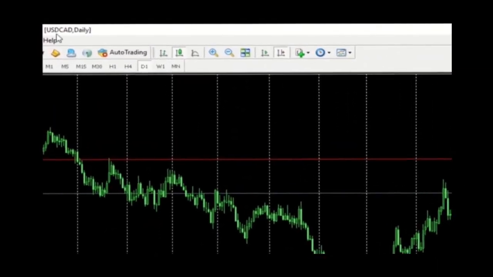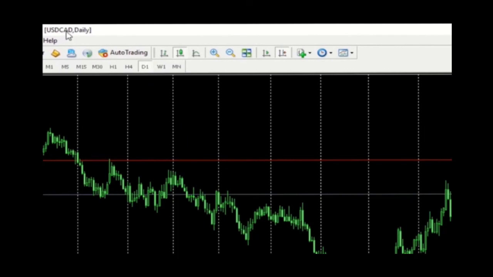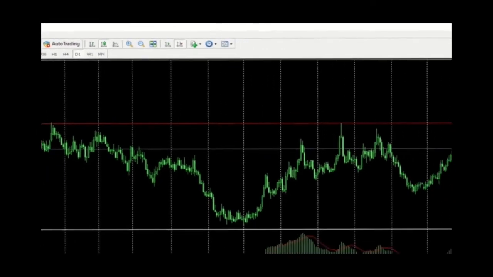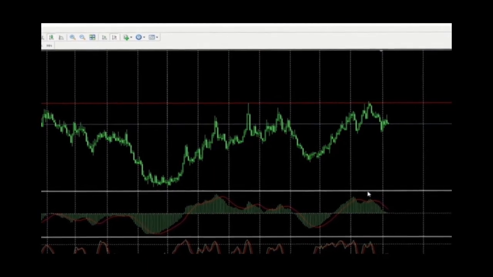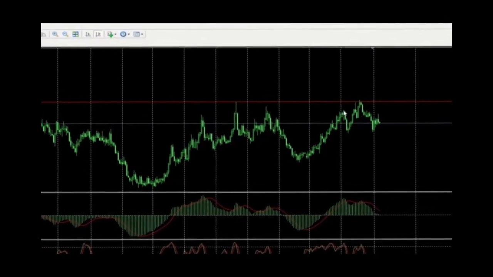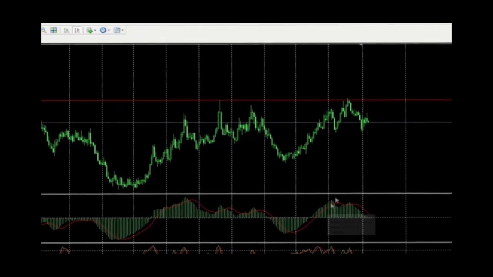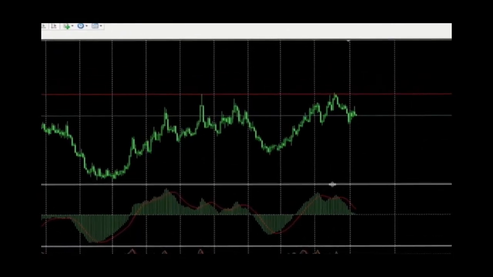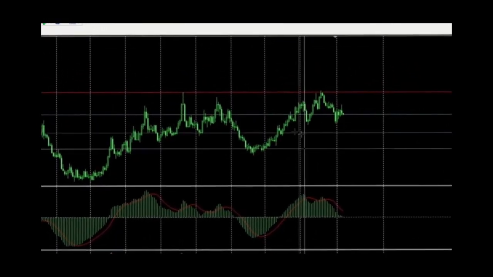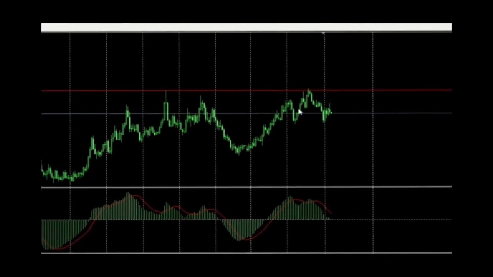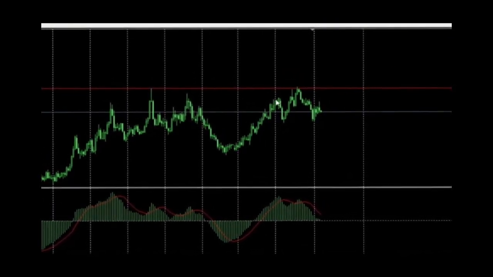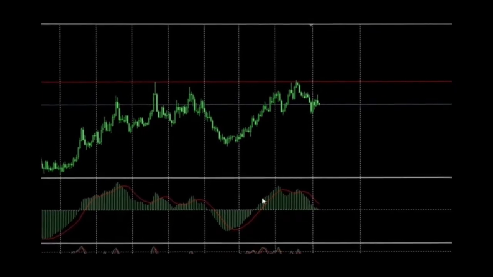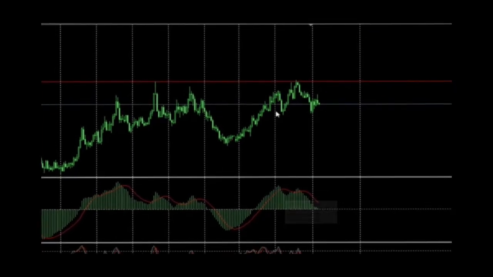Here's another pair. This is the USD CAD daily chart. Okay, since I'm a pattern recognition expert, right here I can see a divergence. I can see that if I would have looked at this price action, the price would have gone up, gone down, creating this first low on the MACD.